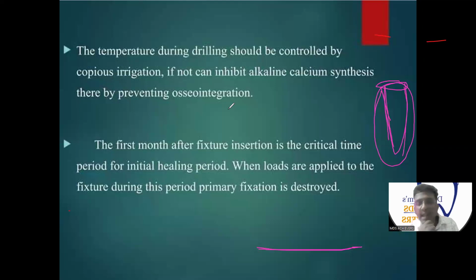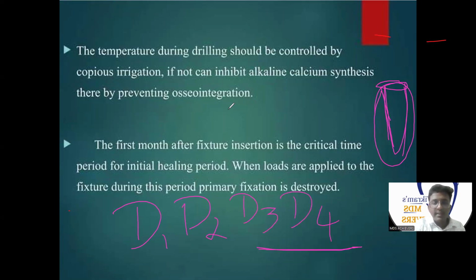And in the last class, I forgot to mention the D1, D2, D3, and D4 types of bone. In the D1 type of bone, we think it is a very good bone because it has very good cortical support, so it will give good support to our implant. But it is not actually so, it is the D2 type of bone, because D1 bone has a much higher density.